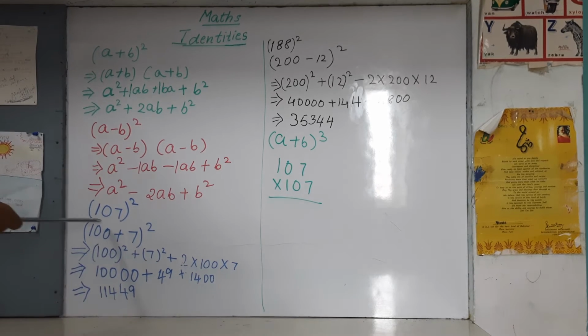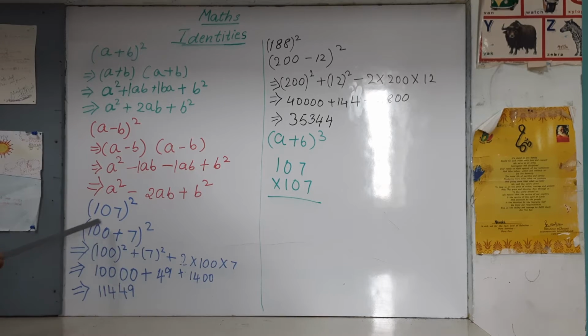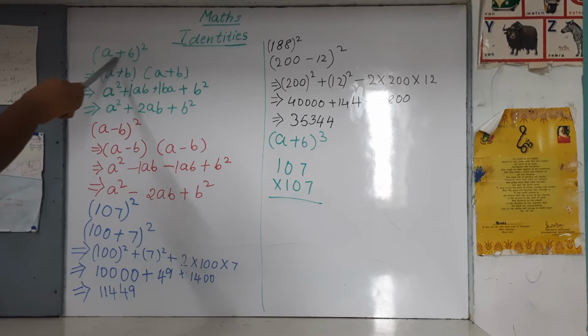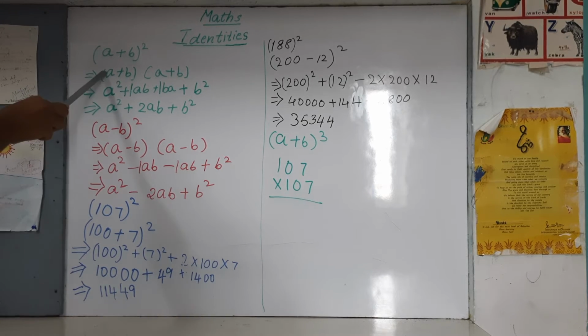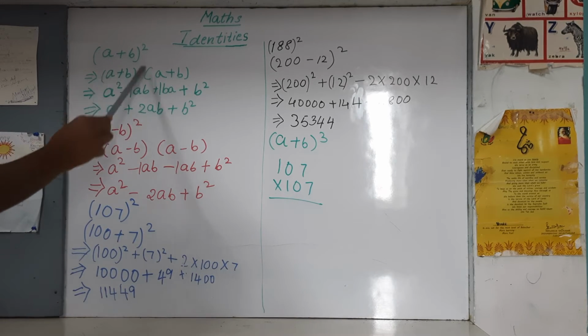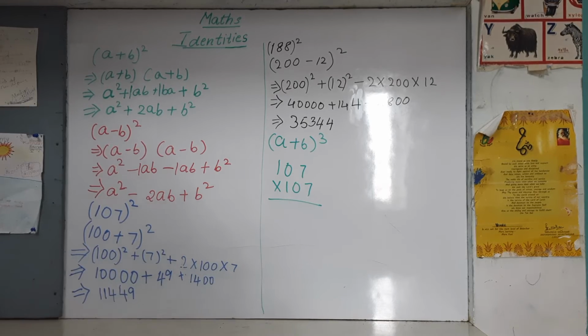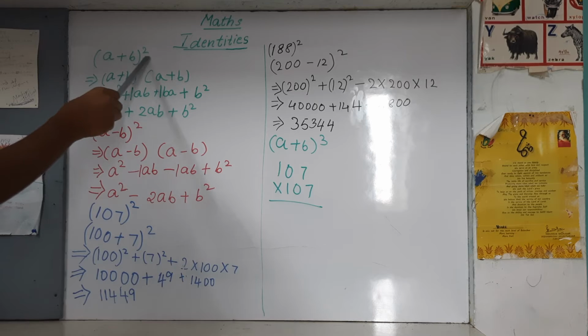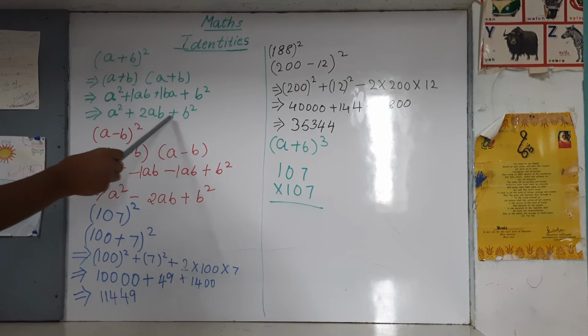So here I have split it. 100 plus 7 is 107. So I take the square. You have to use this (a plus b) whole square formula. You don't have to write (a plus b) into (a plus b); I wrote it just to derive it. You only have to use your formula. So (a plus b) whole square is equal to a square plus 2ab plus b square.